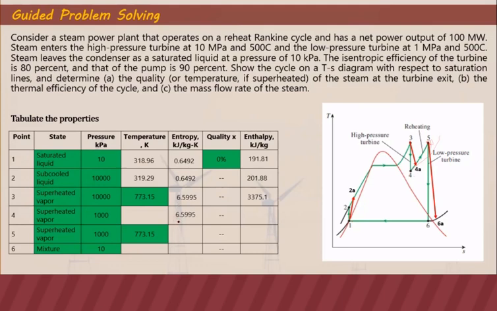Since we have two properties now, we can plug it in at specified state points and get the other properties. At point 5, we are given two properties, so we can get the rest of the properties. And at point 6, since process 5 to 6 is an isentropic process, they have the same entropy, and same also with the other points. We can use these two properties to get the remaining properties. We're able to complete our table now using the software.